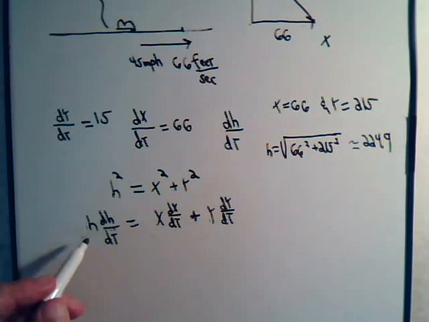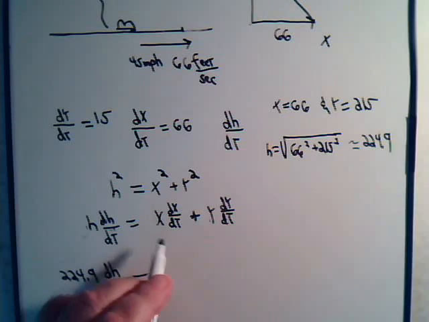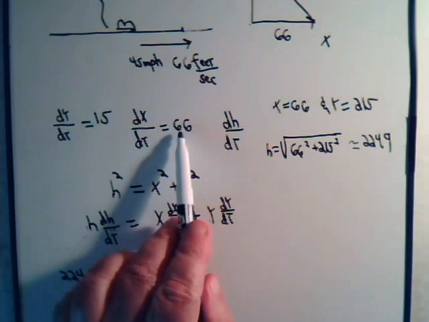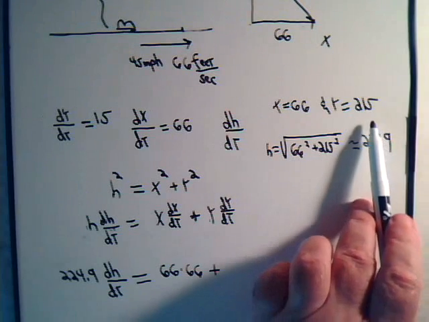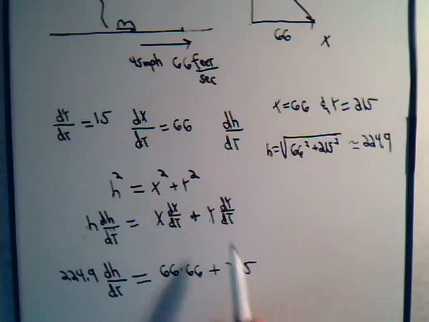So we go back to here, 224.9 times dh/dt will equal x, which is 66, times dx/dt at 66 feet per second, plus y, which is 215, times dy/dt, that's 15.